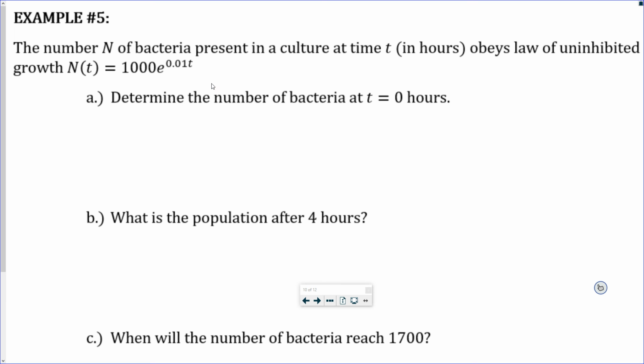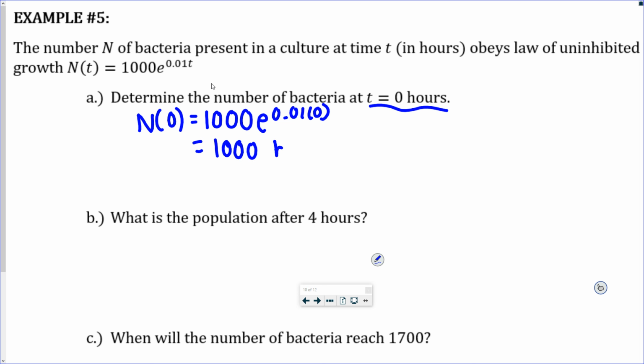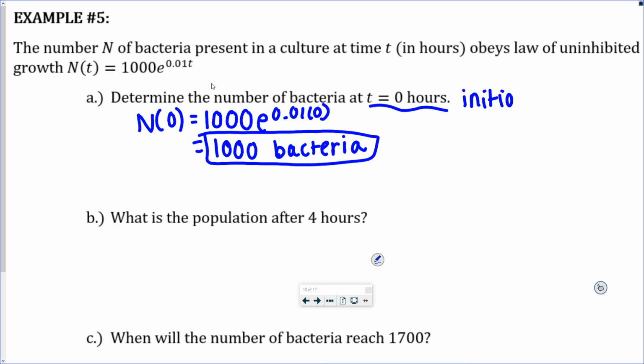Determine the number of bacteria at t equals 0 hours. You could find it algebraically, but this is really asking for your initial amount of bacteria, and looking at our equation, it looks like 1,000.